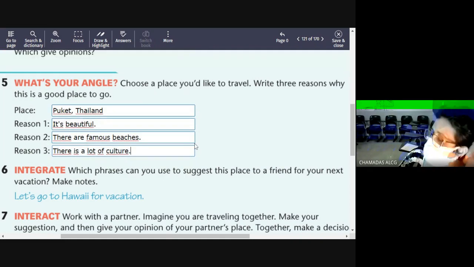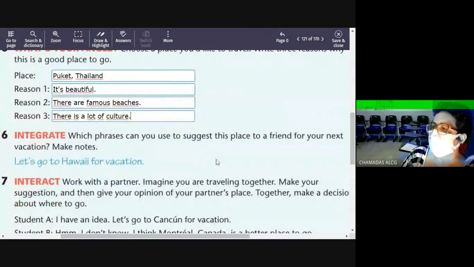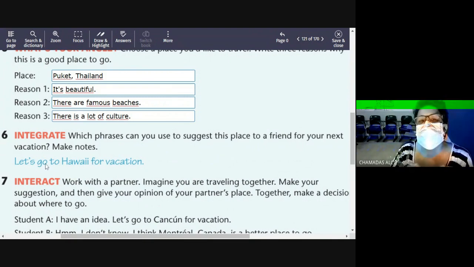It's beautiful. You can take awesome pictures. So which phrases can you use to suggest this place to a friend for your next vacation? So how can you suggest Thailand to a friend?